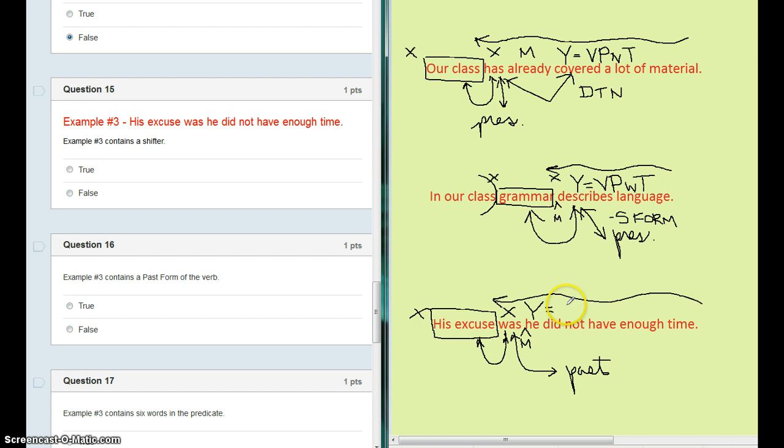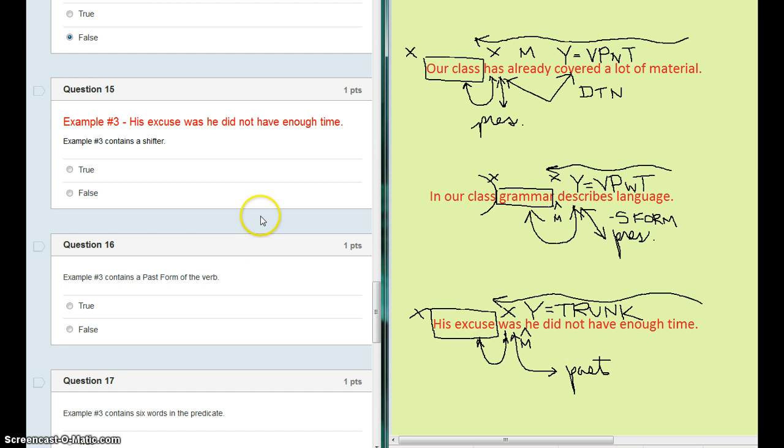This to me looks like a sentence. It doesn't have any shifters, so a sentence that's just made of a subject and a predicate we've been calling a trunk. It's the smallest possible sentence. It just has a subject and a predicate.